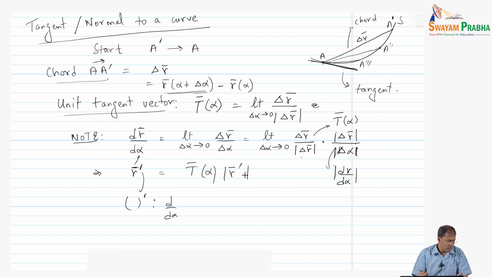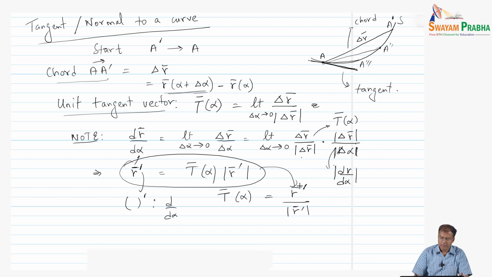Okay. So what we have got here is that the unit tangent vector T alpha is going to be the derivative of the position vector with respect to its argument divided by the magnitude of the derivative of the position vector with respect to its argument, from this result, right?